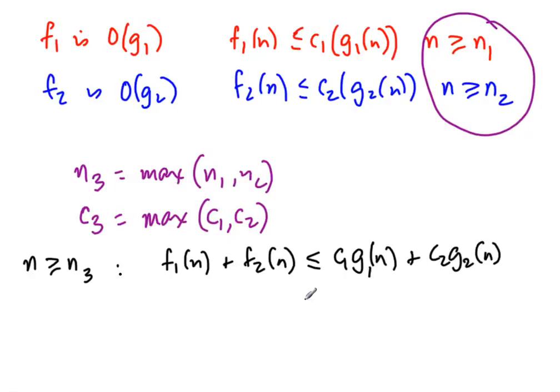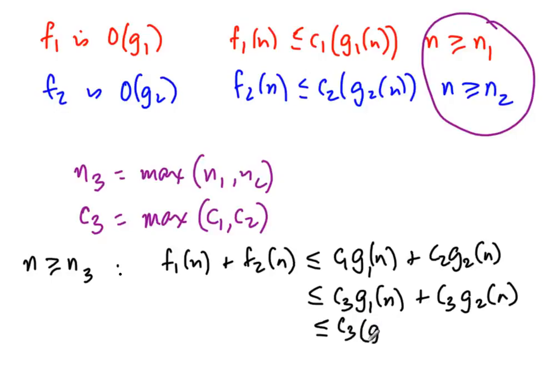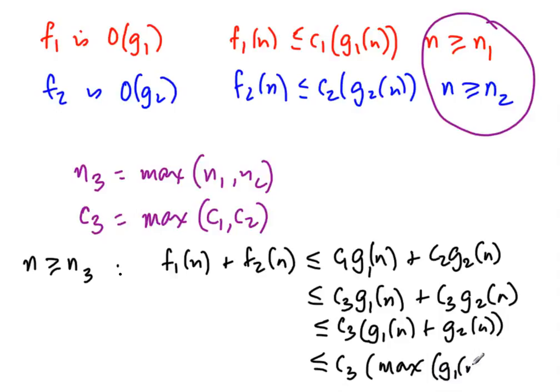And now since c1 and c2 are both smaller than c3, I can replace these both by c3. Okay, and then I can combine, and this is going to be c3 times g1 of n plus g2 of n. Now I can take the max, so this is going to be less than or equal to c3 times max of g1 of n, g2 of n times 2.